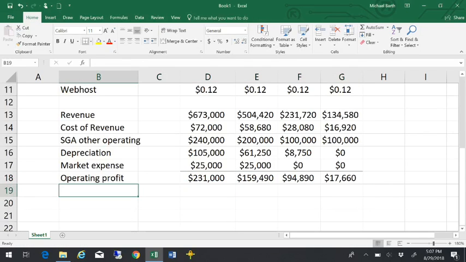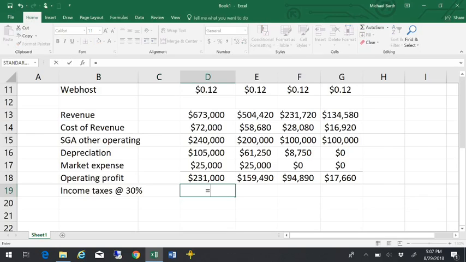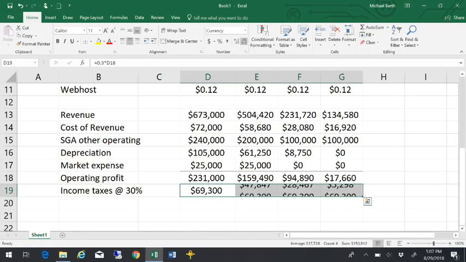Alright, the income taxes at 30%. Copy that over, and that'll give me the after-tax profit.